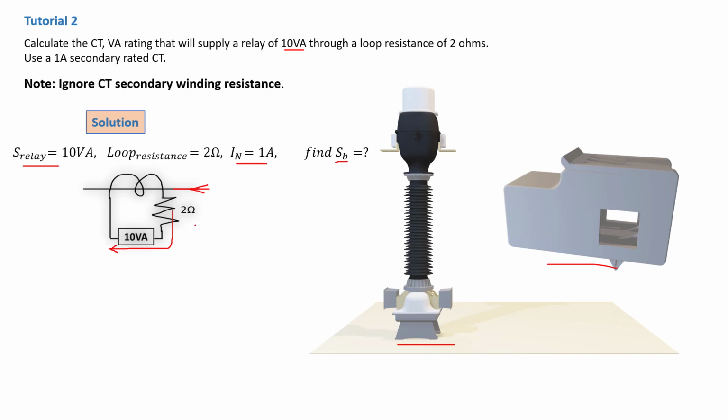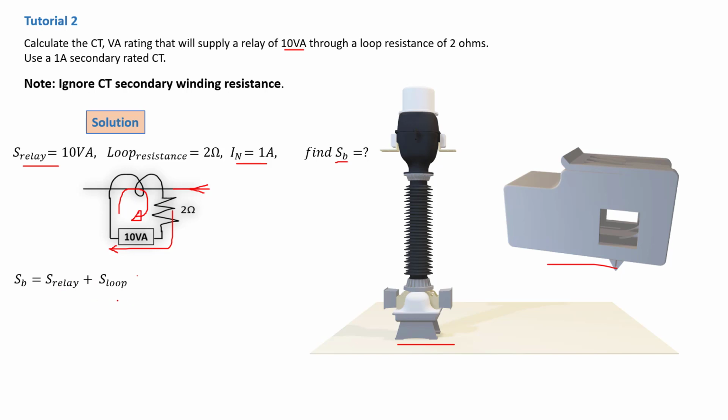So you need to run a power loop through here so that you can determine the power wasted on the 2 ohm and the power drawn by the 10 VA relay. That is basically what you need to do. Your power equation is then going to be S_B, that of the CT, must be the S of the relay plus the S of the loop.